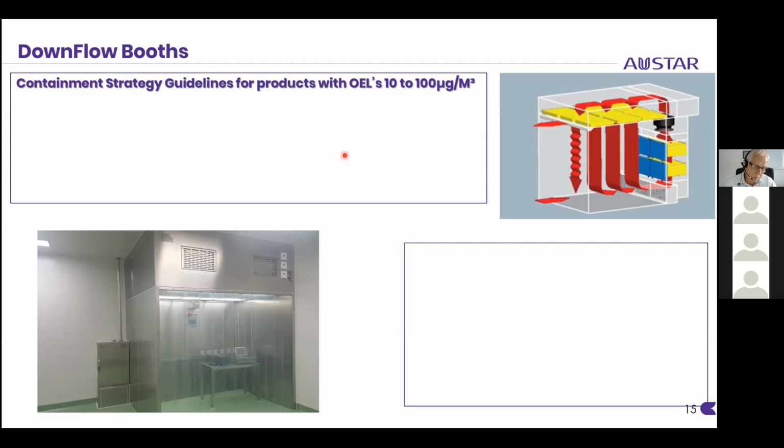If we go back to the matrix, you'll see there's an alignment between the OEL and OEB as well. So that should come from either the manufacturer or you should use a third party to analyze that product. But it is a good question. I hope that answer is sufficient.